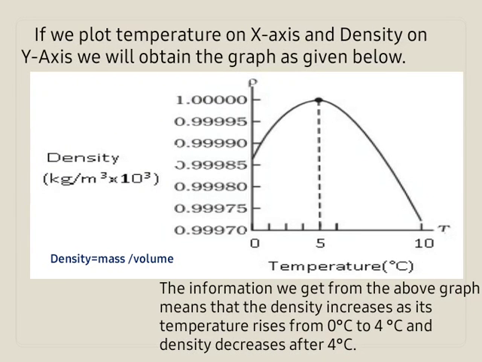You have to understand that after 4 degrees Celsius, the density of water decreases due to the increase in volume of water, as density is equal to mass divided by volume.